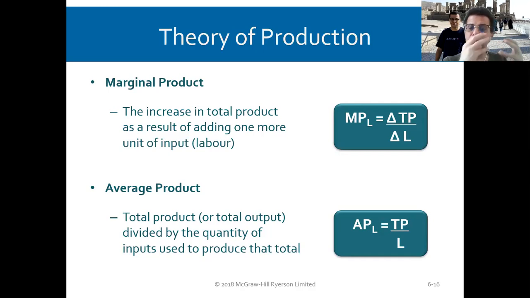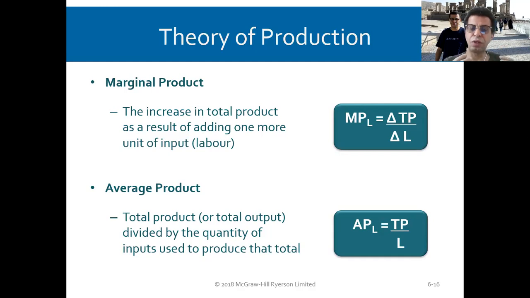So the increase of product as a result of adding one more unit of input. The marginal product is equal to the change in the total product over the change in labor. And we said if you have one more, it's going to take half an hour, but if you are only two people, it's going to take you 1 hour. If you add one more, it takes half an hour, for example, something like that.